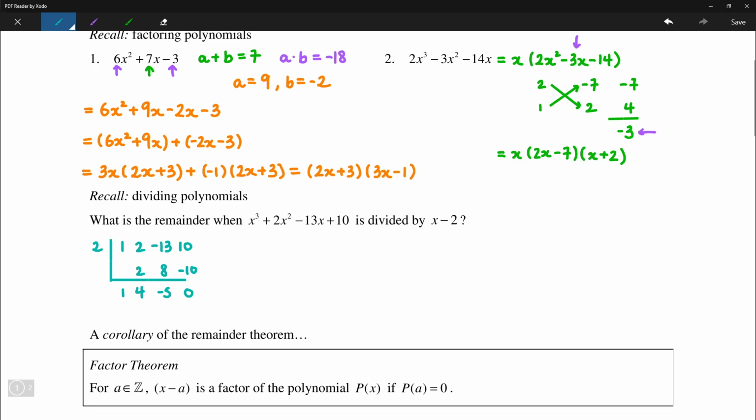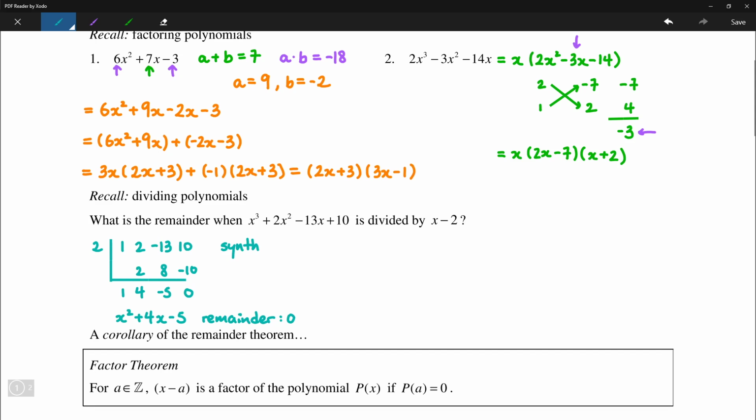So the quotient is x squared plus 4x minus 5, and the remainder is 0. Okay, so that's one way. This is again synthetic division.